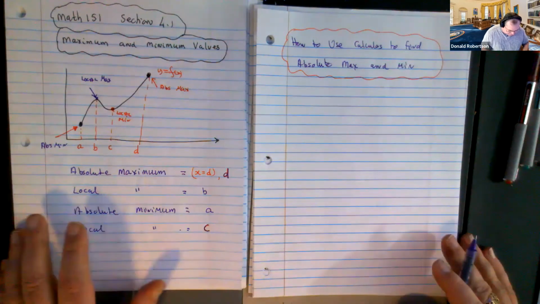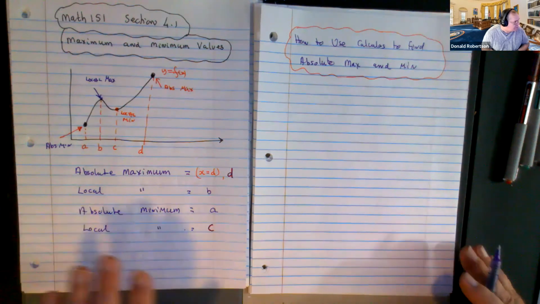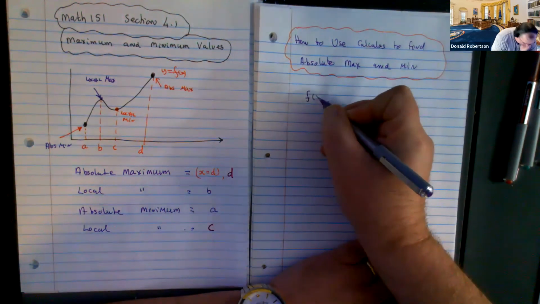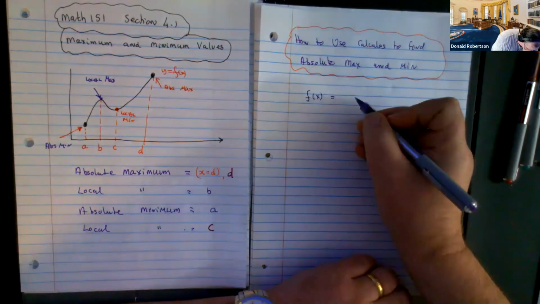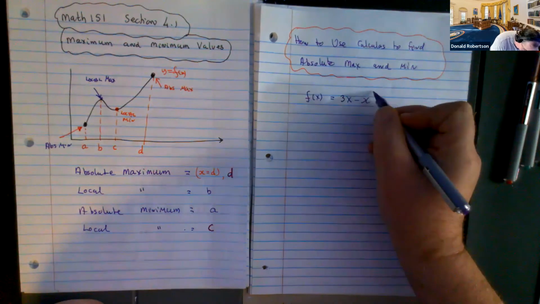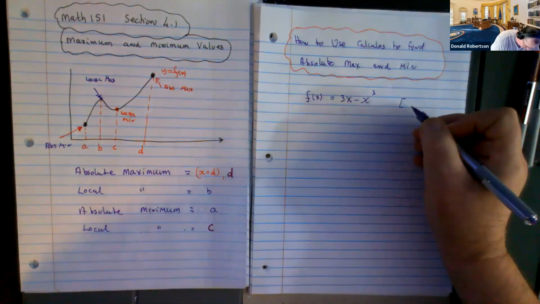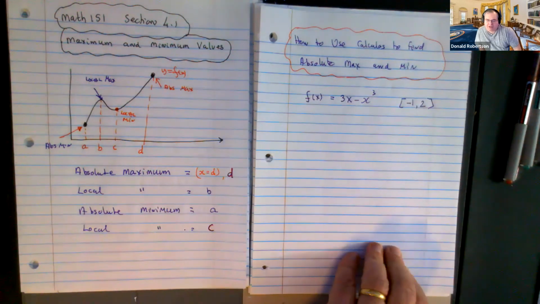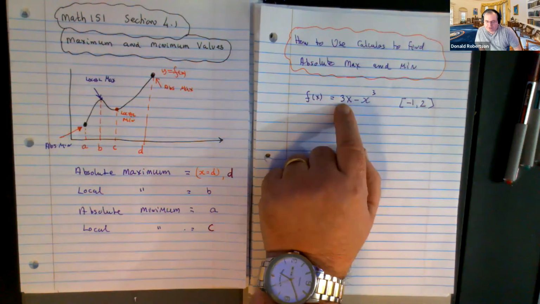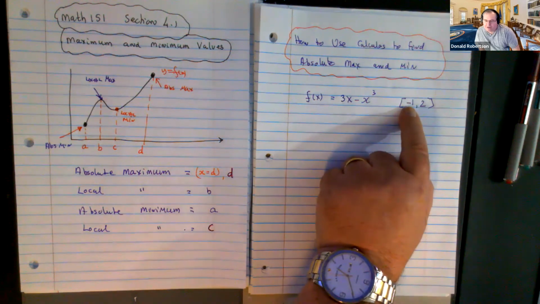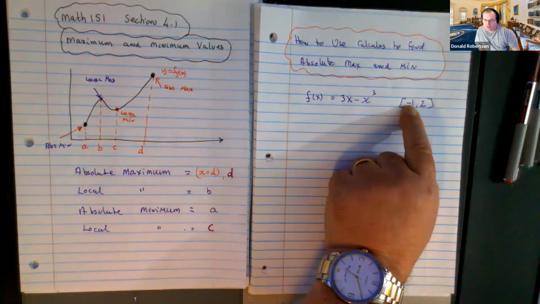A lot of these questions that we're going to do involve functions that you're given a start and finish value to. So here is my example of what that might look like. The question would be, find the absolute maximum and minimum value of this function in the range -1 to 2. So in other words, you can only use numbers from x equals -1 to x equals 2. Okay?